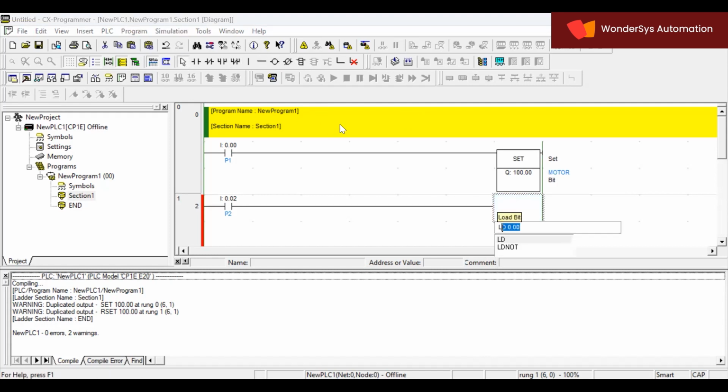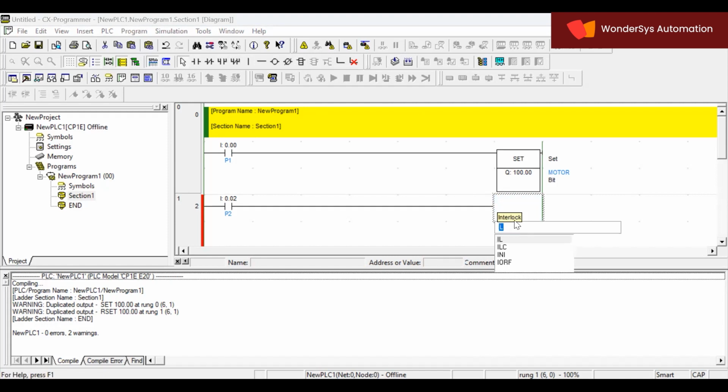Directly press L. If I press L, it will ask for load instruction. LD means load instruction. Sorry, wait. I think it is I. Okay, so I comes.